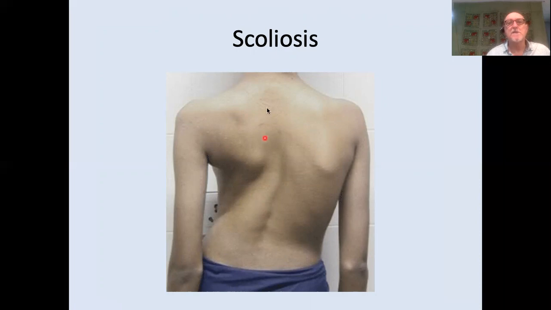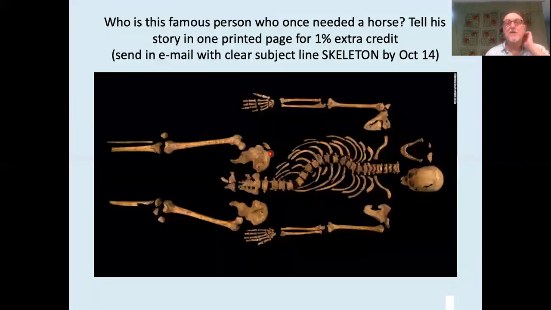And nowadays, scoliosis is corrected as soon as it possibly can be. For example, people may have rods inserted on either side of the vertebrae to straighten the spine and correct that scoliosis. So here's a little bit of extra credit for you for 1%.